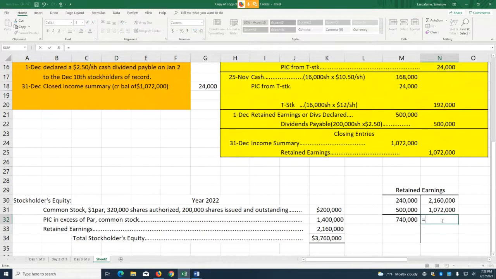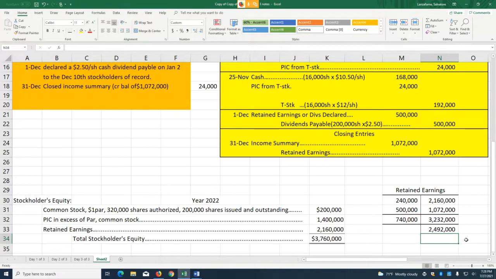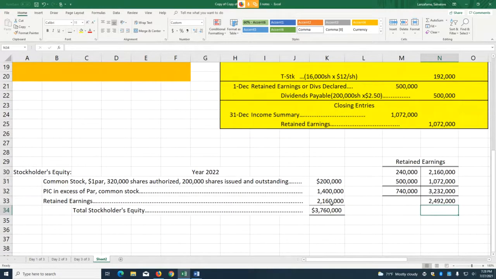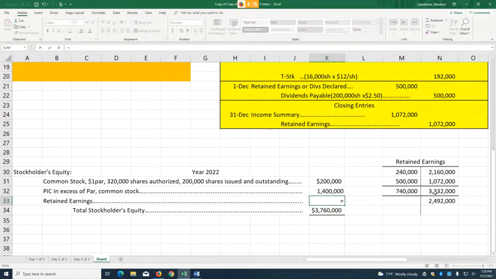So the credit side is 3,200,000, the debit side is 740,000. Ending balance in this account, 2,492,000. So that's going to be the new balance in retained earnings.